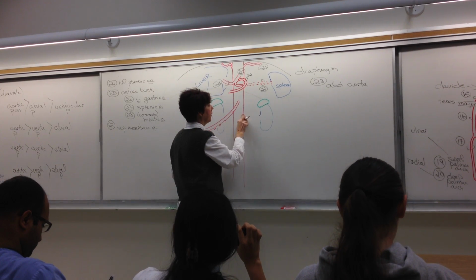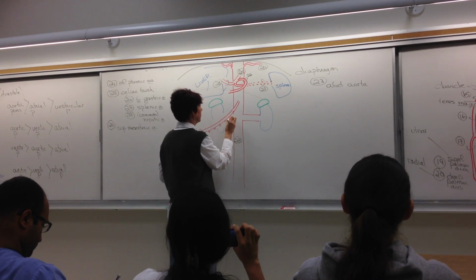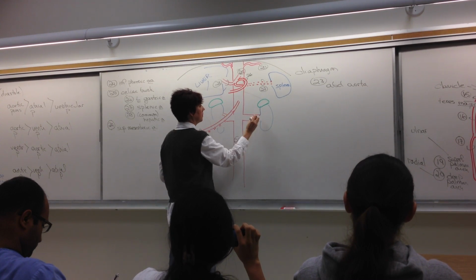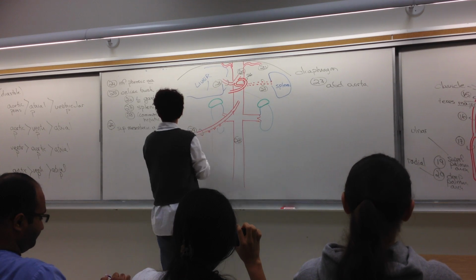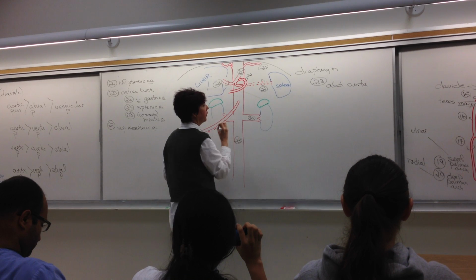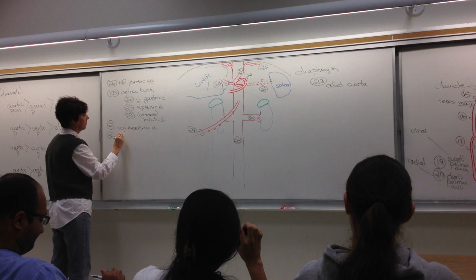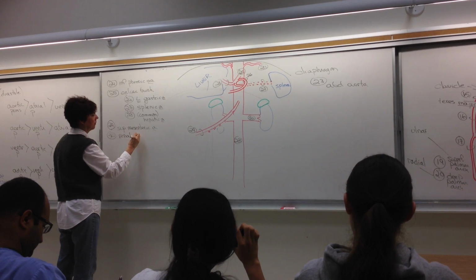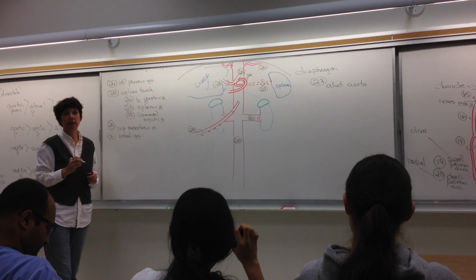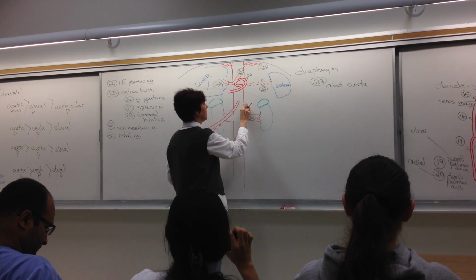And so we have very large renal arteries. Again, our term for kidney is renal. And then we have adrenal arteries going to the adrenal glands.